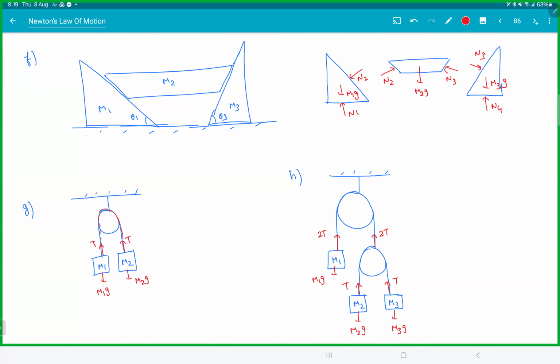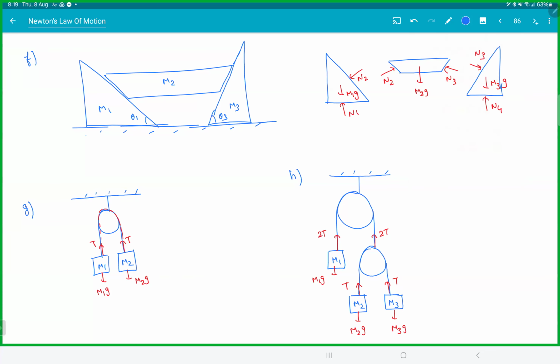This is the FBD for the blocks. Here I'm asking you to draw the FBD of the blocks. Now, why will you consider the pulley? The question is the FBD of M1, M2, M3. Where is the pulley in that?